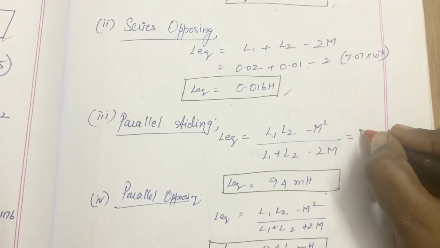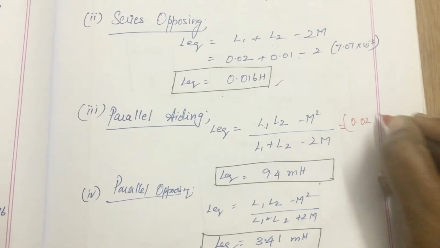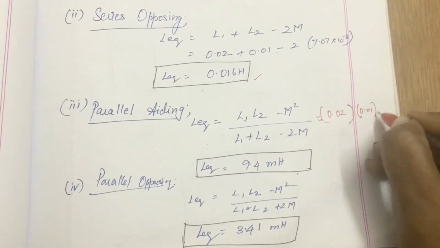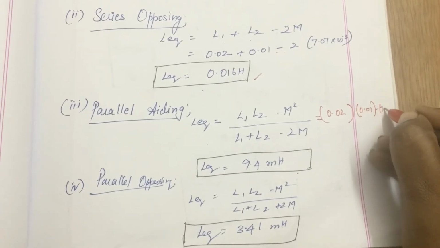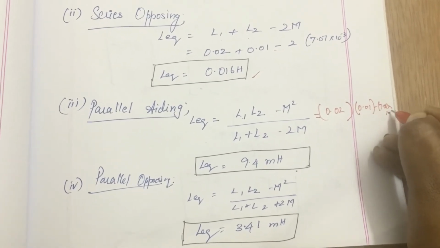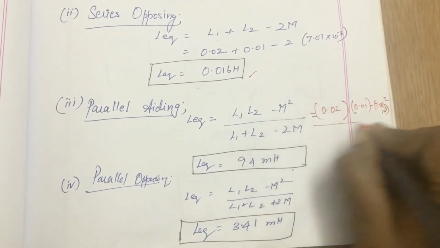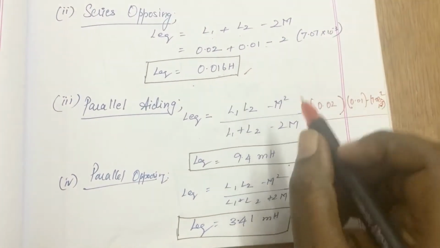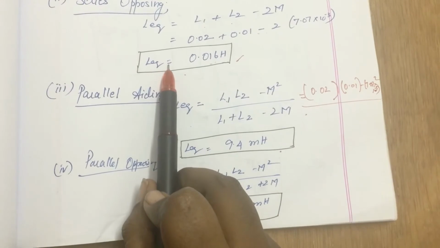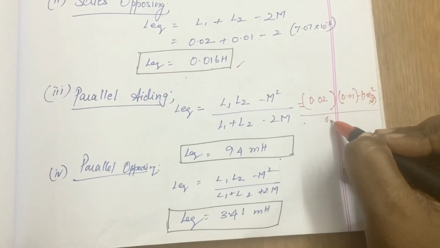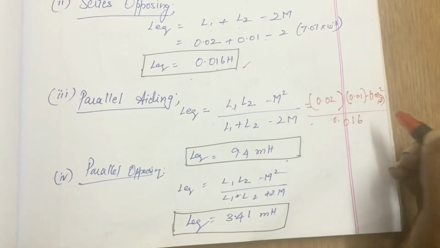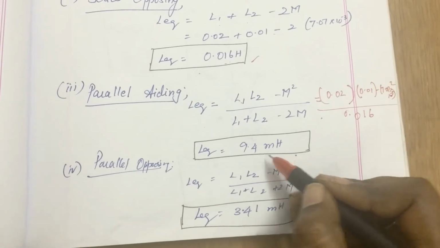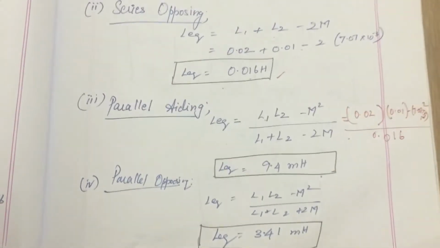L1 value is 0.02 into L2 value 0.01 minus M square, 7.07 into 10 power minus 3 the whole square, divided by, again the denominator L1 plus L2 minus 2M, 0.016. If I substitute this, I have got my answer as 9.4 microhenry.